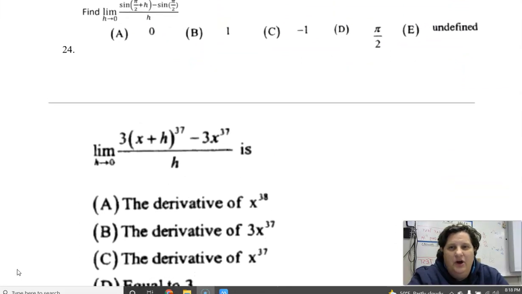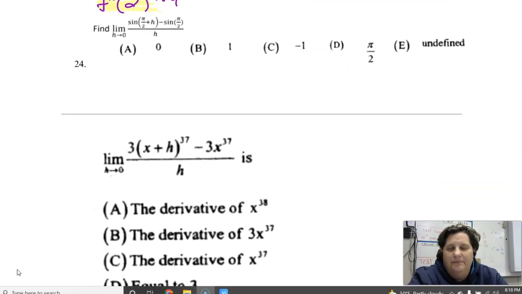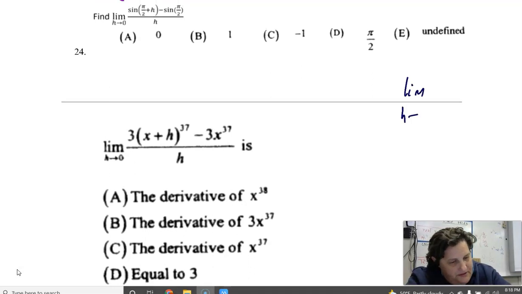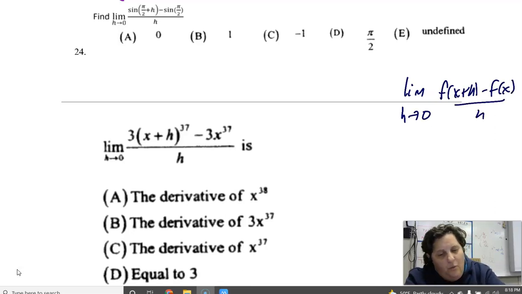Okay. You know, a lot of these are actually not L'Hopital's rule. What these are, when you see this, f of x plus h minus f of x over h, I want you to immediately think, oh yeah, that means derivative.